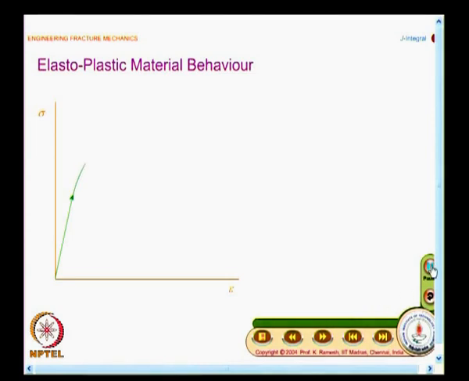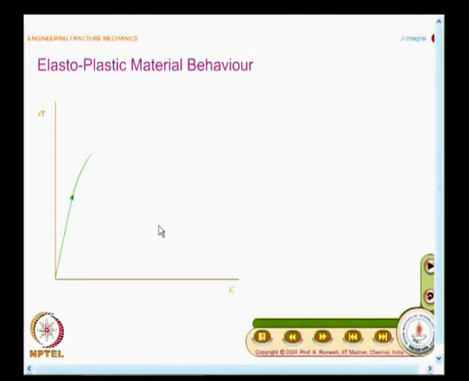See, now the question is, I had raised that from linear elasticity we can go to non-linear elasticity and J is useful, but J is also used for elastoplastic analysis, at least approximately. So, we will have to understand what is the difference between non-linear elasticity and elastoplastic behavior.